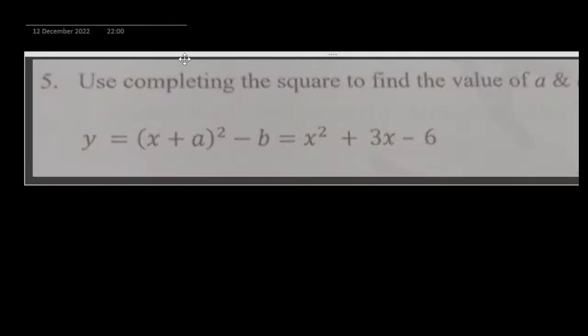Okay, so a simple question. Use completing the square to find the values of a and b. You are given x plus a the whole square minus b is equal to x square plus 3x minus 6. You have to find out the value of a and b.